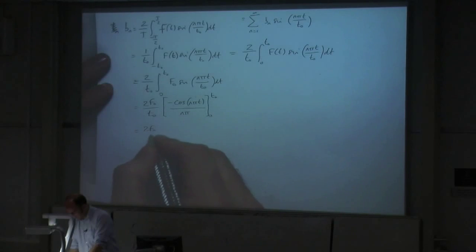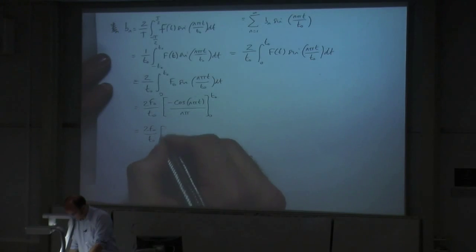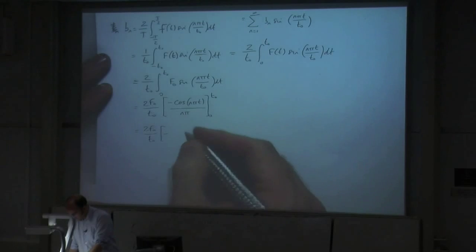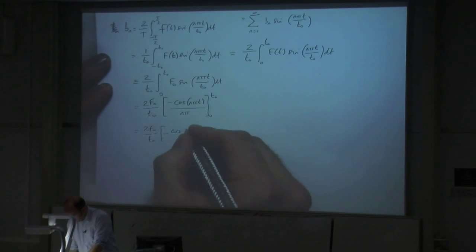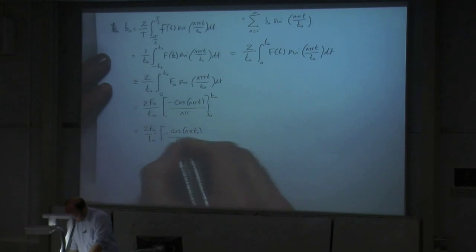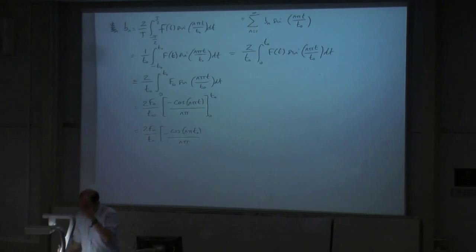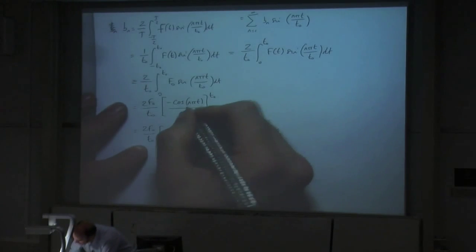So 2 f naught upon t naught, minus, so this is going to be cosine of n pi t naught divided by n pi. Notice I've forgotten this term here.